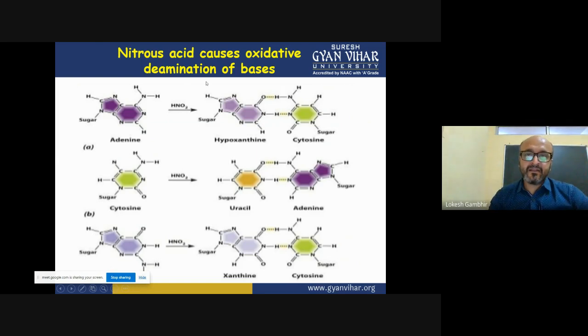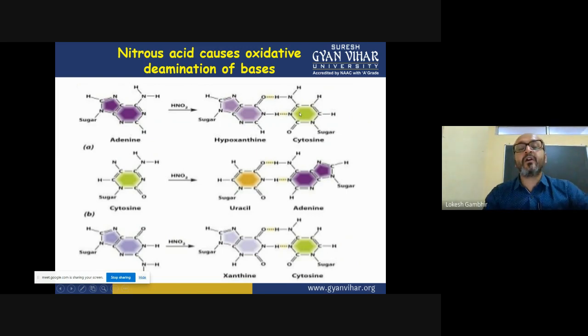Now, nitrous acid actually induces oxidative deamination. Now, what is oxidative deamination? It's a very potent oxidant that causes the oxidation of the substrate. So what will happen? It will act on the adenine nucleotide or the base. Then it will cause the oxidation to form hypoxanthine, and that hypoxanthine can pair with C, that is cytosine.